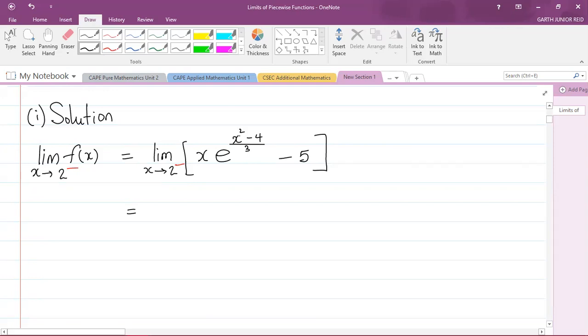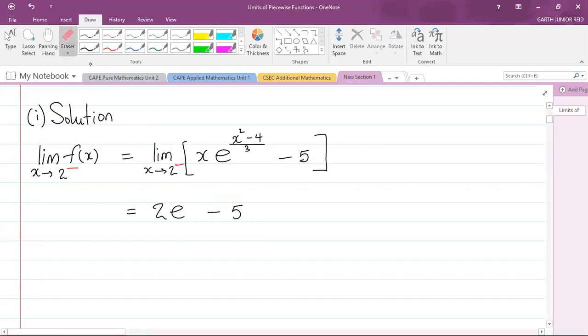Now I realize that when I substitute 2 into the power for e, I will have 2 squared, which is 4, minus 4, so that's 0, divided by 3, which is 0. So my first term will simplify to 2 times e to the power of 0, minus 5.